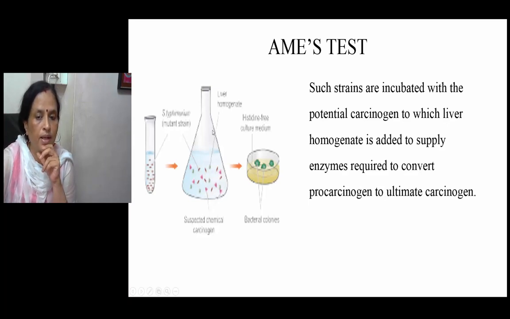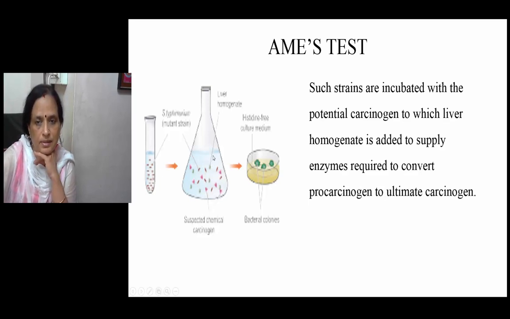Then there's a conical flask where the suspended chemical carcinogen is there, and to this liver homogenate is added. That will supply the enzymes which are required to convert procarcinogen to ultimate carcinogen. We are testing it.